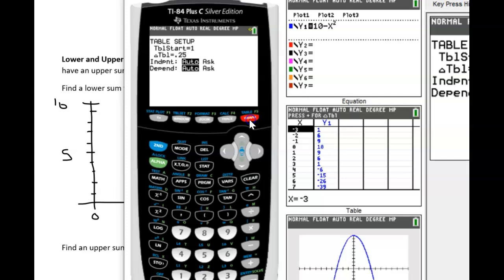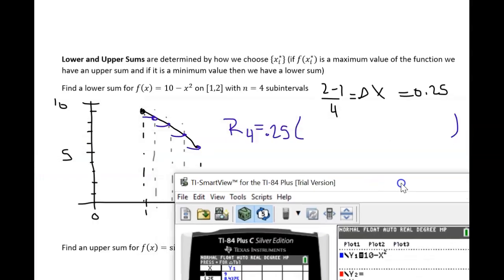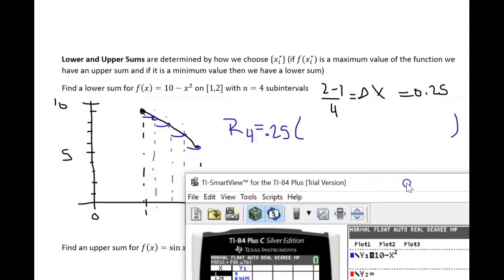And then table. So this is just an easier way to get my values, which now I know at 1 it's 9, I already knew that. At 1.25 it's 8.4375, at 1.5 it's 7.75, at 1.75 it's 6.9375, and at 2, which I knew, it's 6. So this just makes it a little bit easier to get those values to calculate this sum.